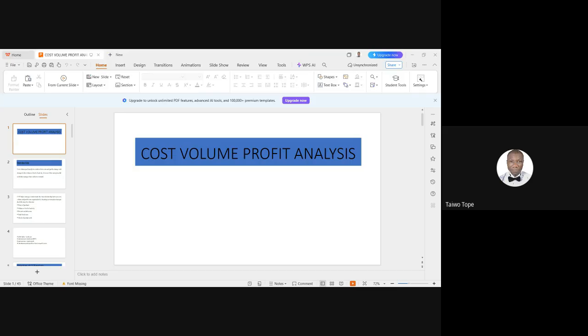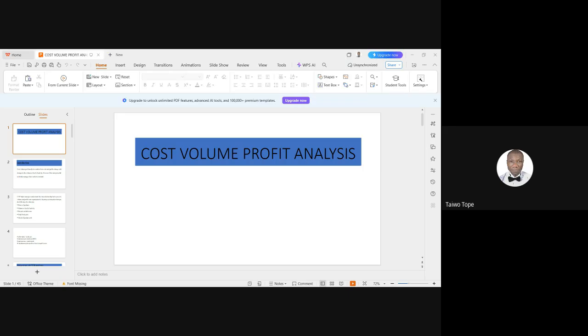This cost volume profit analysis is an important tool that an organization can use to make decisions in terms of price, in terms of the quantity of commodity to produce, in terms of the cost of a product, in terms of fixed cost.